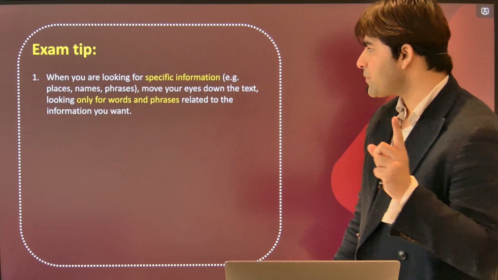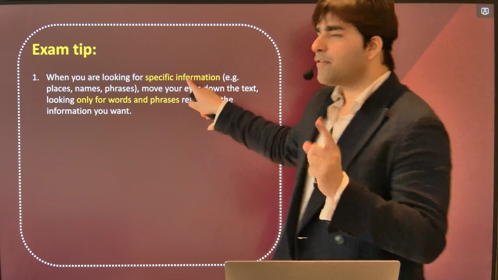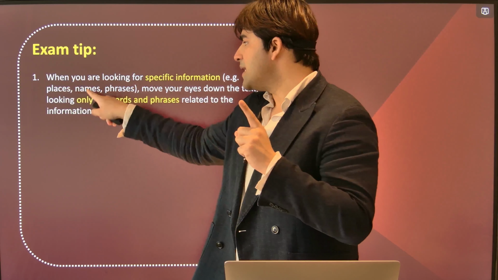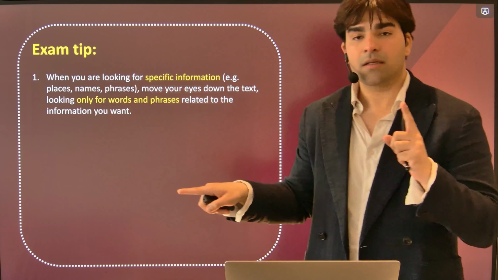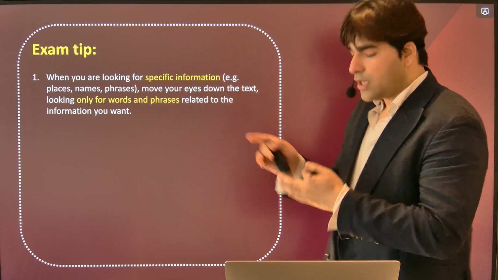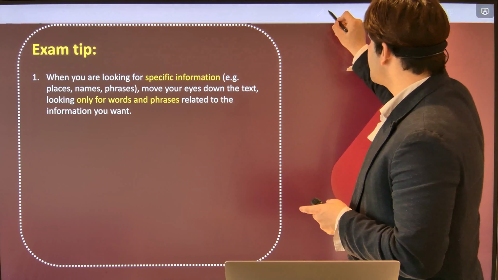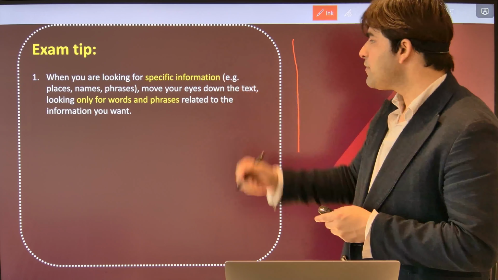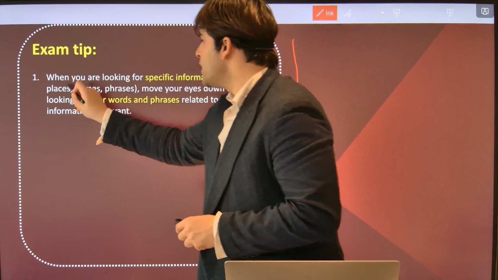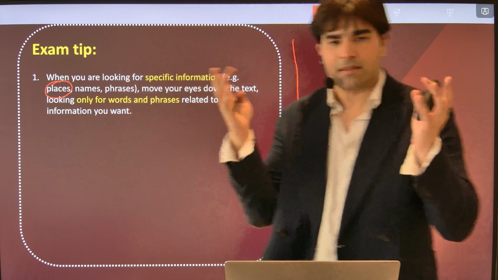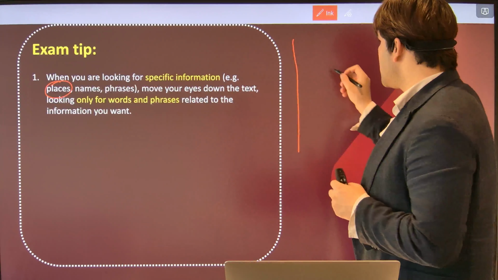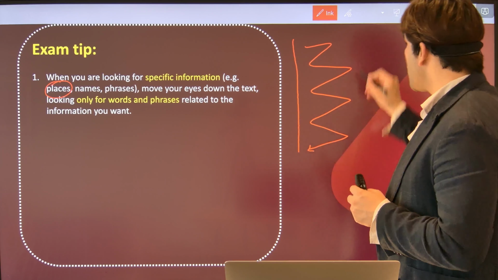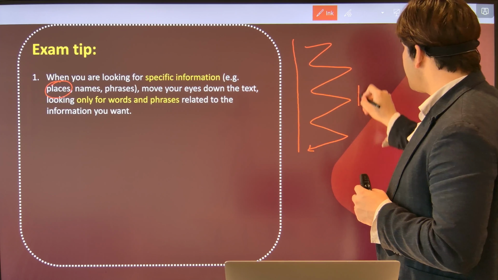Number one, when you're looking for a specific piece of information, place, name, phrase. Imagine you have a passage and you're looking for, let's say, the name of a place. Try to quickly go through the passage and see where the name of a place is mentioned.